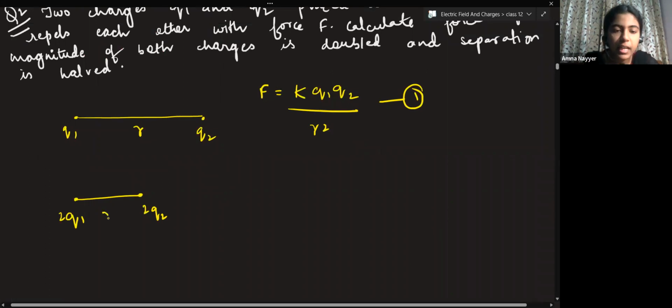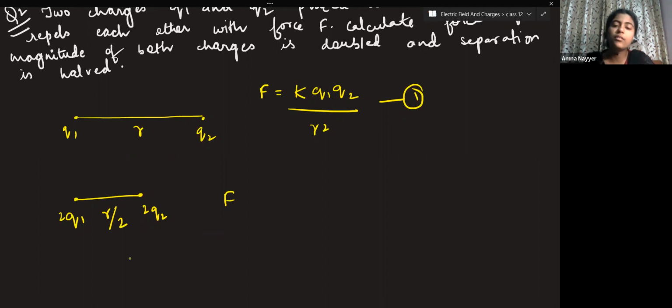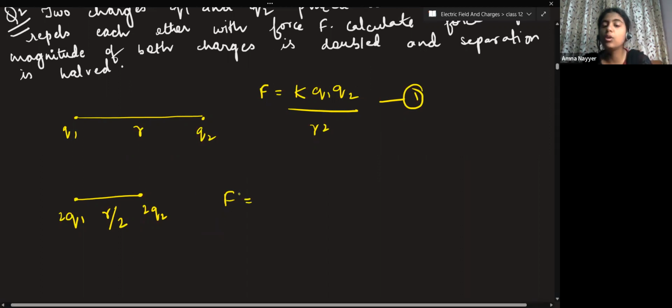And the radius will get half, so if it was r initially, now it will be r by 2. So this will be the new force. If the distance and the charges have changed, then obviously it will affect the electric force. So the electric force will be, not F, let's say F prime, the new force that we have.